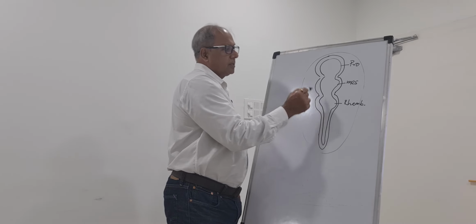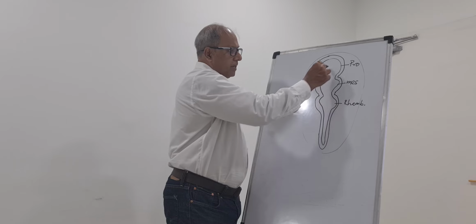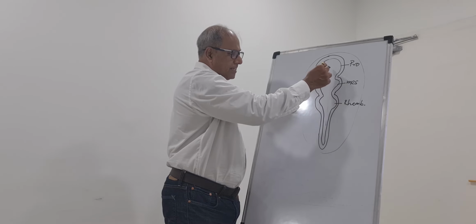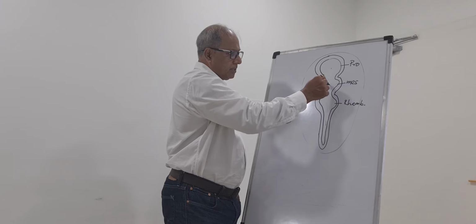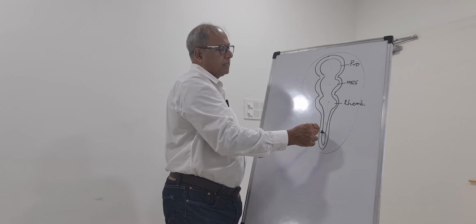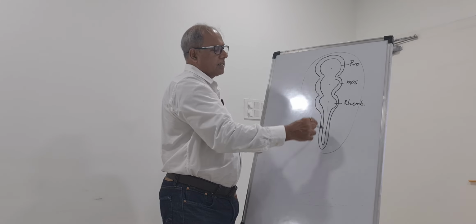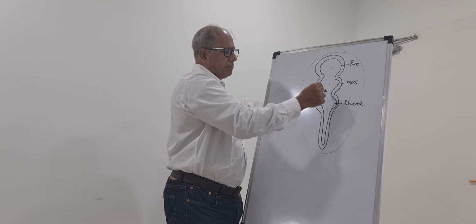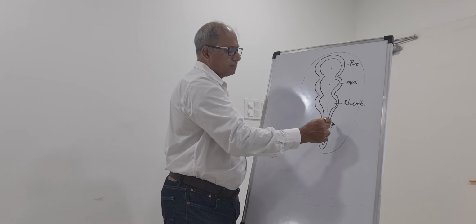If you see this, there is one cavity inside, and this cavity is communicating from here to here to here to here. So that means there is a canal which is continuously going from the prosencephalon to mesencephalon to rhombencephalon to spine.